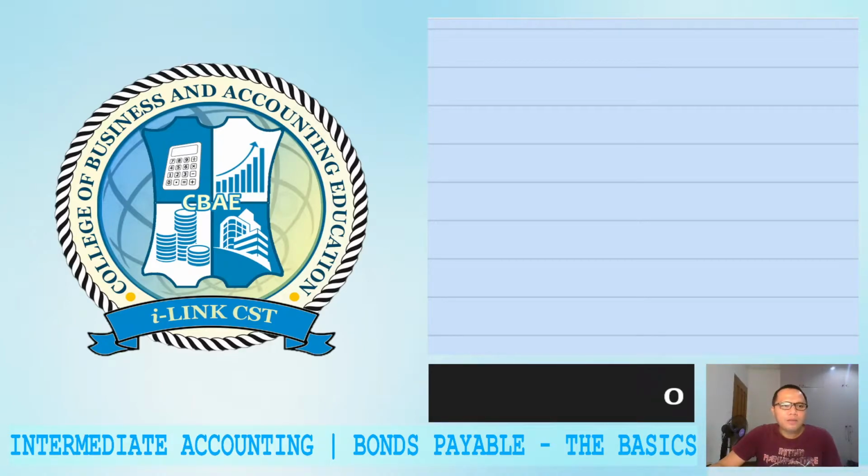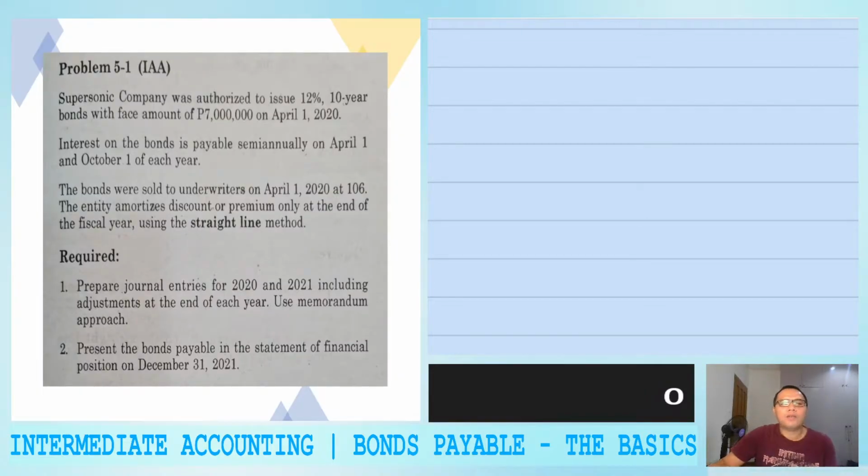Let's begin. So our first problem. We have this first illustration. Basically, this is the most basic illustration here. How do we journalize and analyze bonds payable transactions?